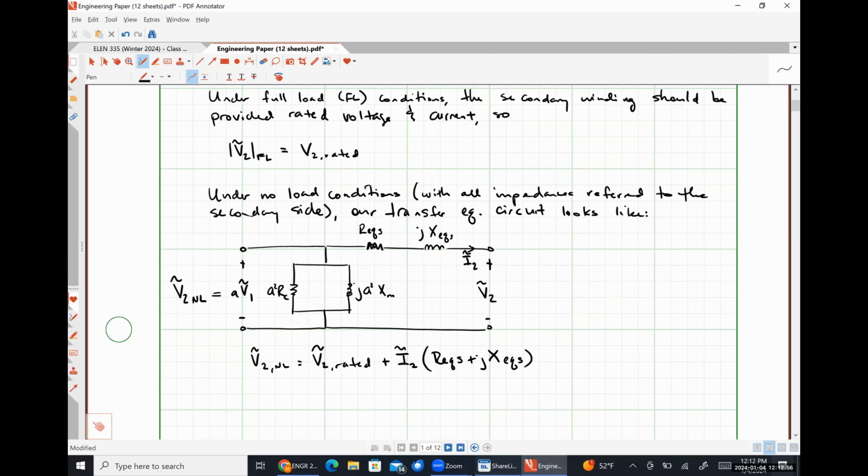So now that we have these two quantities defined, let's work an example and put this into application, okay?